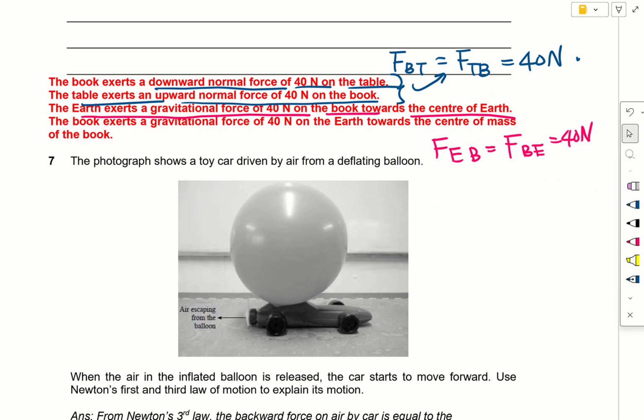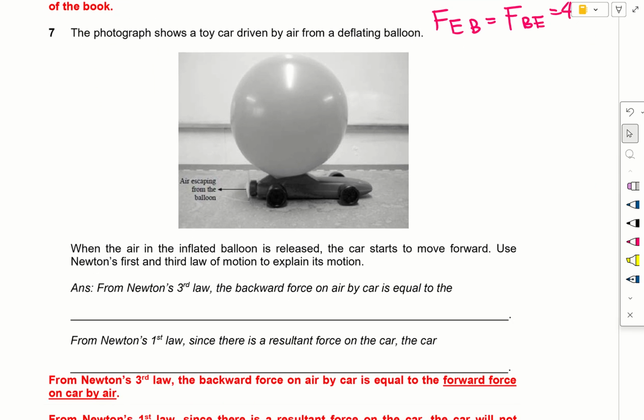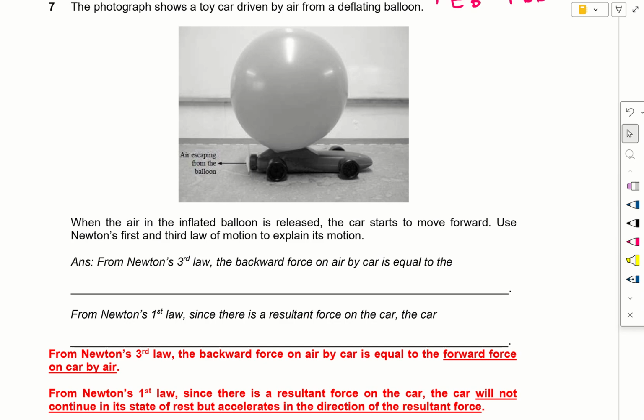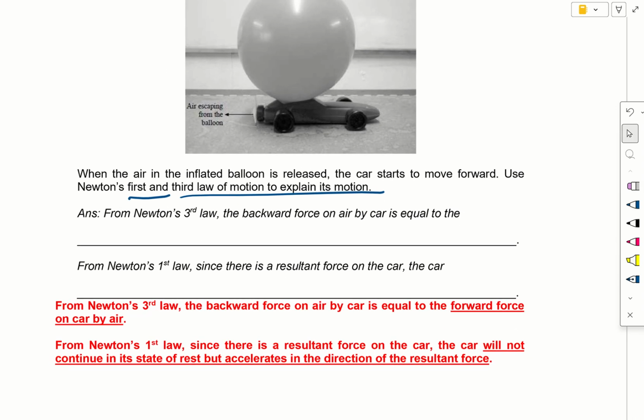Question 7. The photograph shows a toy car driven by air from a deflating balloon. When the air in the inflated balloon is released, the car starts to move forward. Use Newton's first and third law of motion to explain the motion. From Newton's third law, the backward force on air by car is equal to the forward force on car by air.